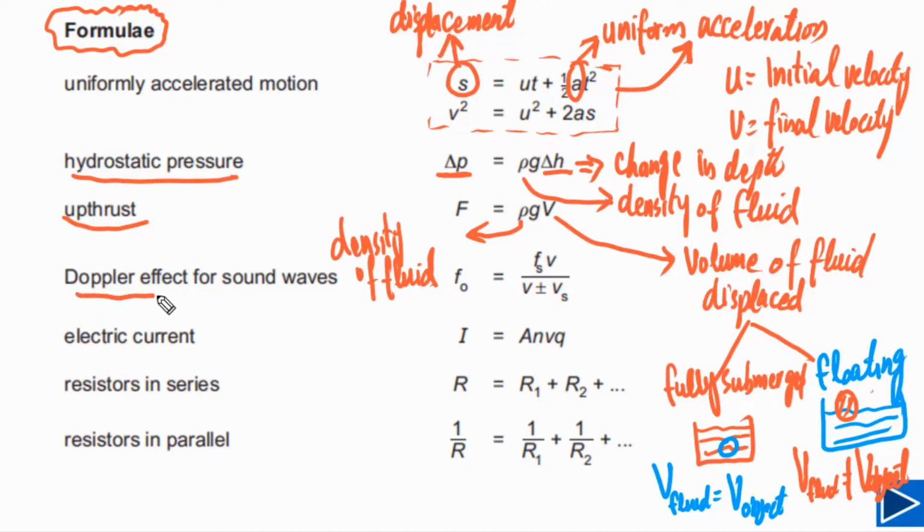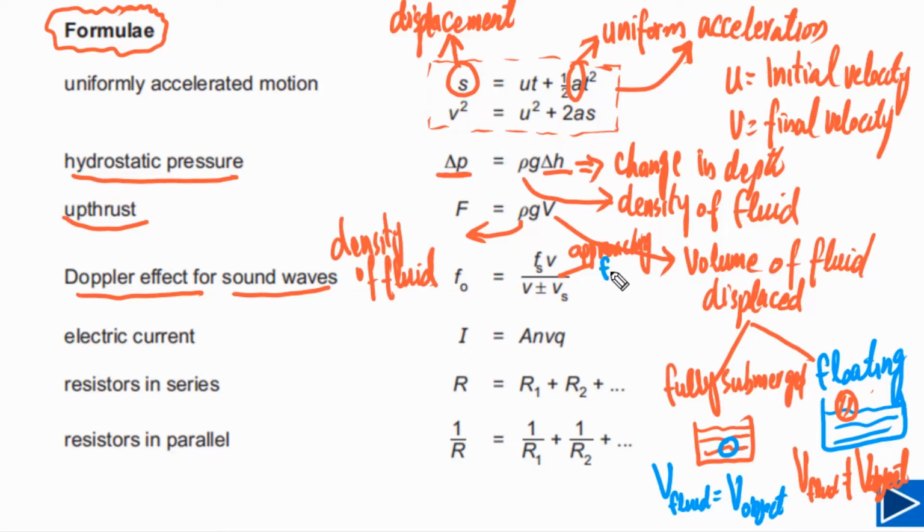Next one is about Doppler effect for sound waves. Fs is the frequency of the source, v is the speed of waves, and vs is speed of source. We will discuss the first case, object is approaching. If the object is approaching, you can simply modify this formula.